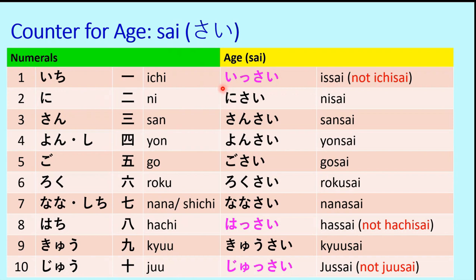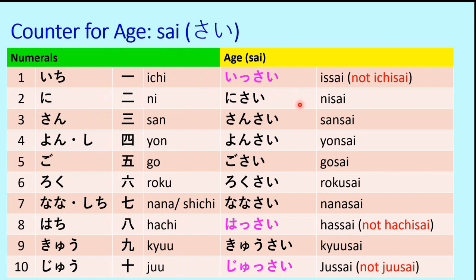And do you know why this exception? Because ichisai is a little bit difficult to pronounce. It's not free-flowing pronunciation, and to make the pronunciation easier, it has been blended in the form of a double consonant. So it is issai, because issai is easier to pronounce than ichisai.